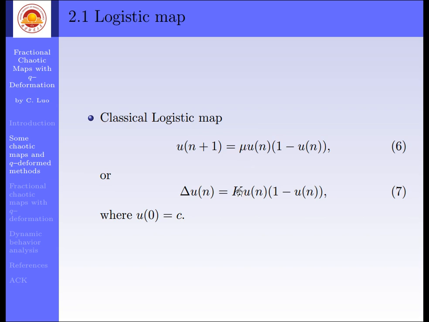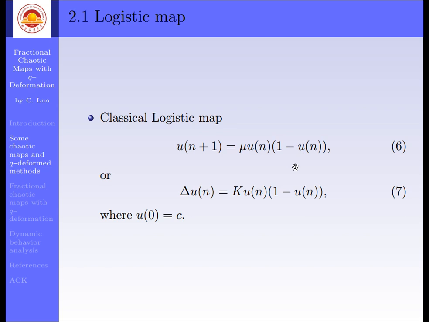The mu, k, and c are constants, and u(n) denotes the value of u after n iterations.